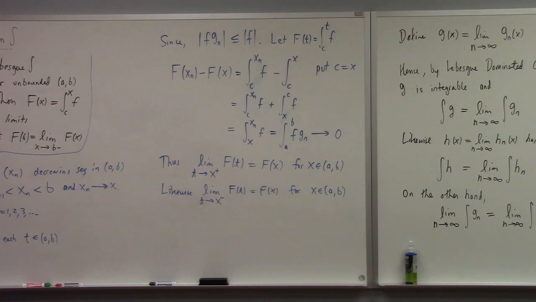Since f is right-hand and left-hand continuous, you get the endpoints for free. So it's a straightforward consequence of the Lebesgue dominated convergence theorem. Everything's Lebesgue dominated convergence theorem, isn't it?